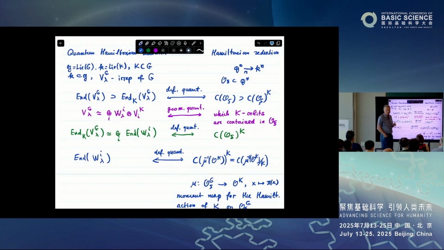I don't know if anyone actually managed to do this. But again, let's take the square of this decomposition. Let's consider K-invariant endomorphisms of this vector space. According to this decomposition and the Schur lemma, this space is isomorphic to the direct sum of endomorphism spaces of these multiplicity spaces. And that's a geometric quantization of K-invariant functions on the coadjoint orbit.